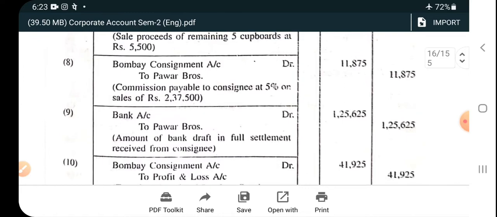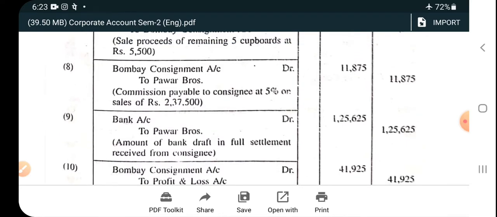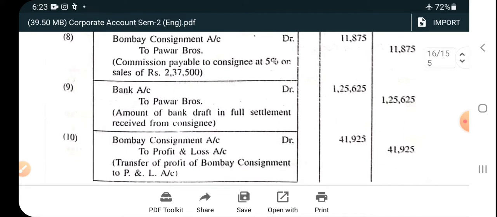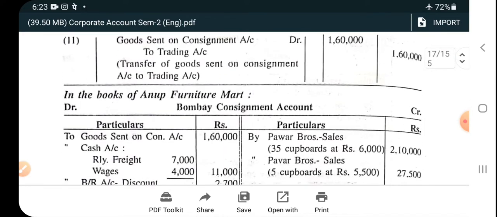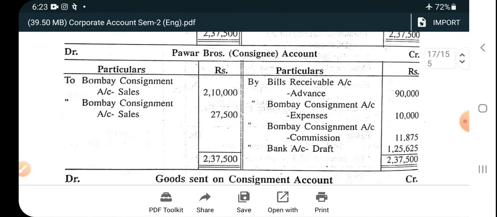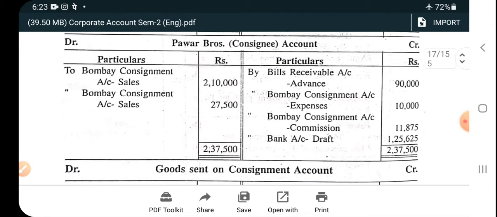Okay, let us see another journal entry in the book of consignor. Now all the things we have completed, so we are closing down the consignee's account. Let us see the consignee's account first. In the consignee's account we have two things at the debit side, both the effect of sale, and three things at the credit side.